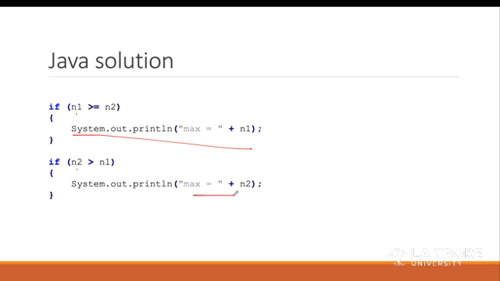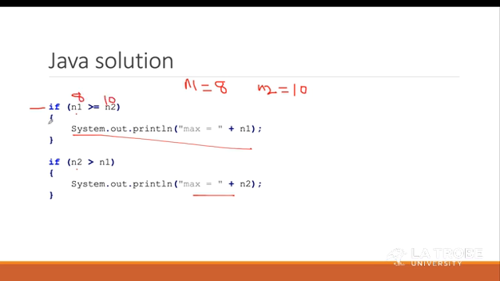Now let's take an example and say that I have n1 entered by the user, which is 8, and I have n2 entered by the user, which is maybe 10, right? So now let's say I am executing this program. It will check this first because it appears first in the lines of code, and it will check if n1, which is 8, is greater than or equal to 10.